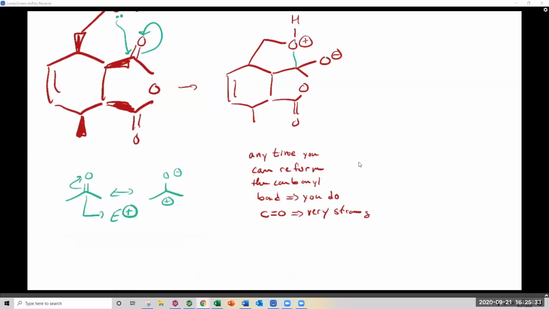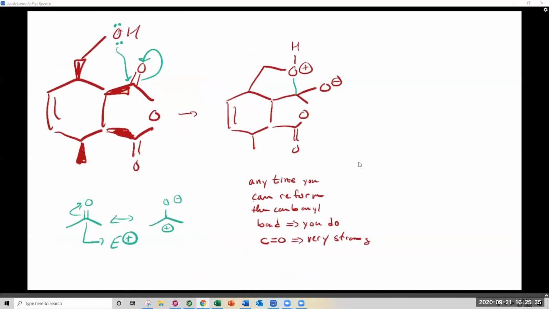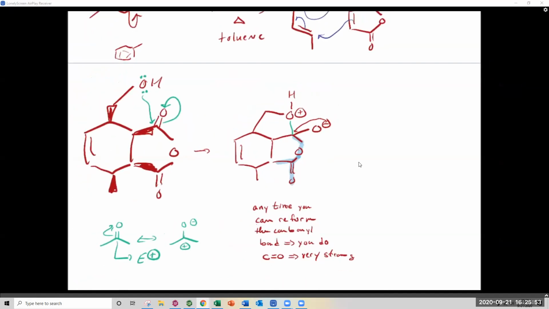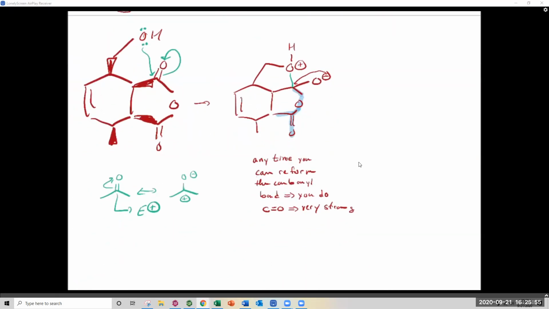And so what we're going to do now is reform the carbonyl bond, but to do that, we have to kick off a leaving group. This entire moiety here is going to come off as a leaving group. Now, why not this?